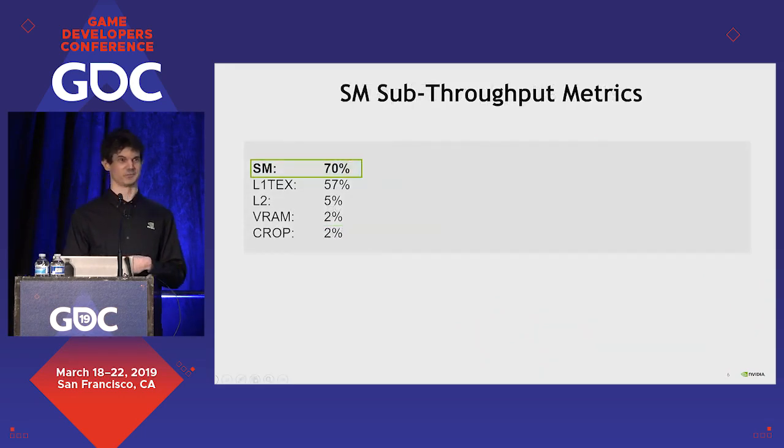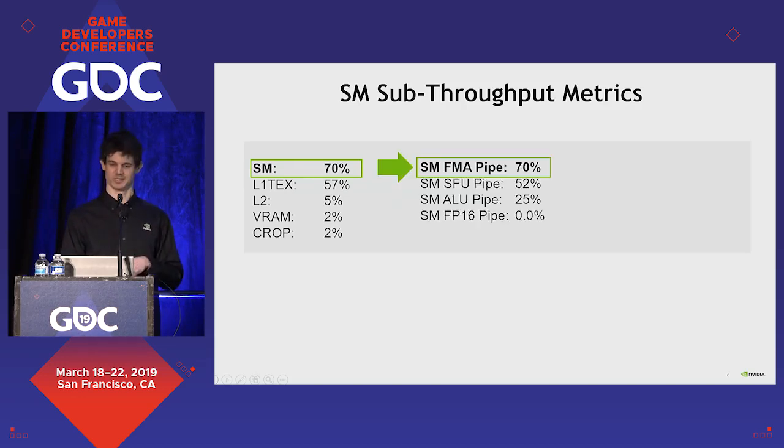But recently we've released additional submetrics for the SM, and that's really cool because now you don't need to guess what subparts of the SM is limiting you. You can see it. You can see the throughput metrics per SM subpipes. And the same method applies. We sort them in decreasing order. The top one is the maximum one, so that's the SM throughput. And the top one is the FMA pipe in this case.